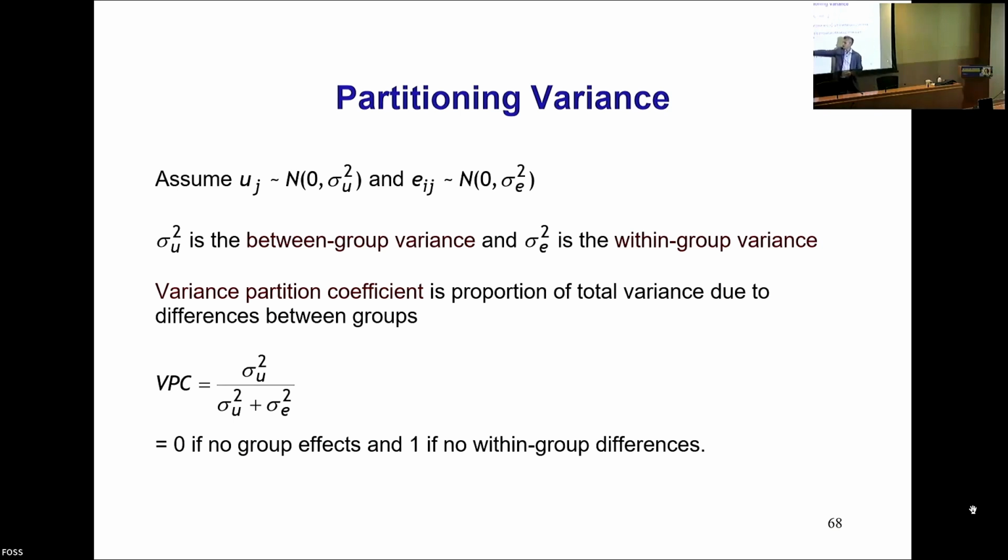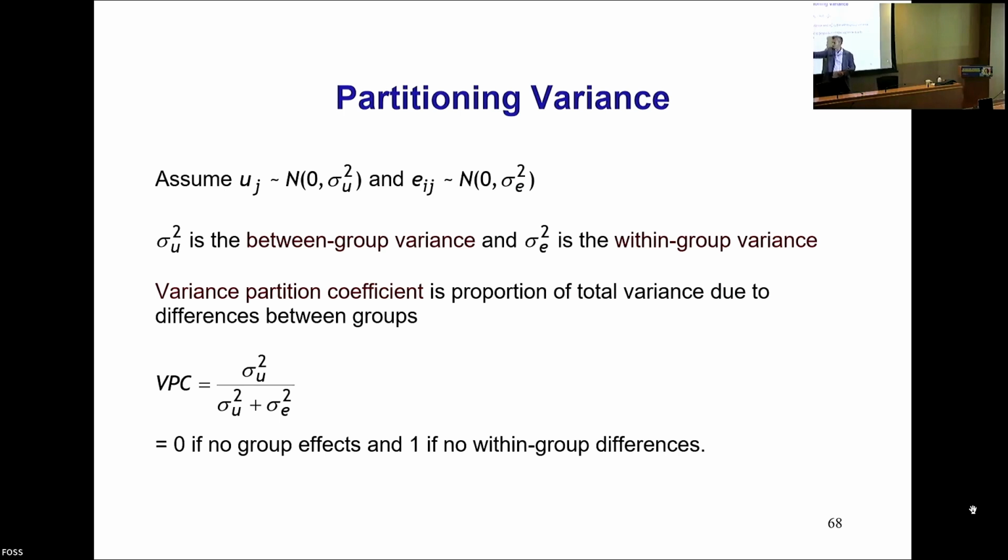Apologies for the different notation, but sigma squared U is the group level variance, and this is the group level variance plus the individual level variance. So if you add up all of the UJs, you get sigma squared U, the group level variance. And if you add up all of the EIJs, you get sigma squared E, the individual level variance around the group means. So you can see that this is just a proportion.